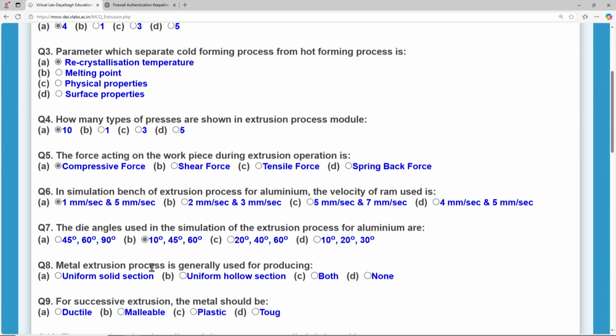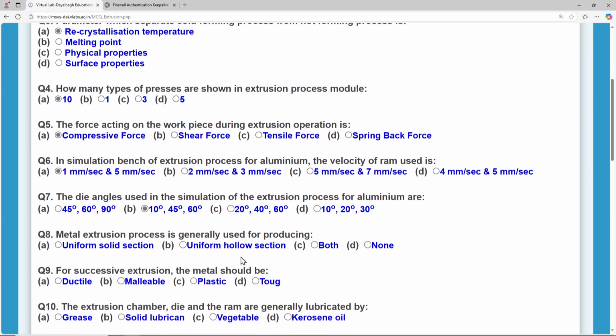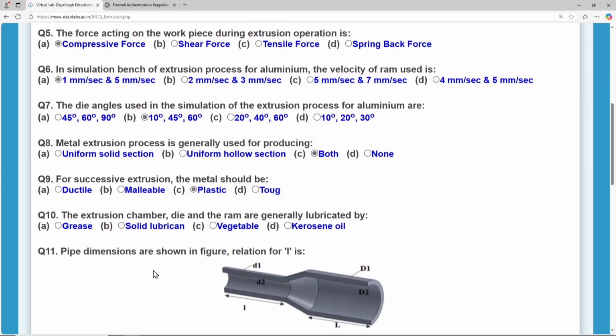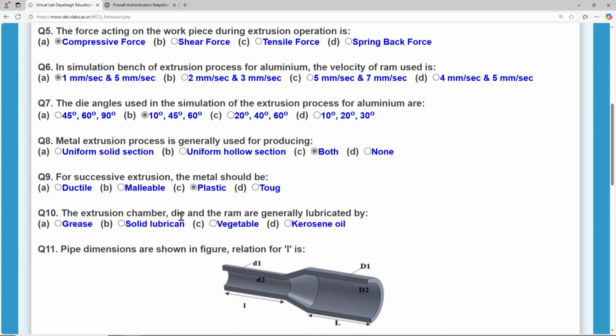Metal extrusion process is generally used for producing uniform solid section, uniform hollow section. It helps to produce both. For successful extrusion, the metal should be ductile, malleable, plastic, tough. It should be plastic. The extrusion chamber, die and ram are generally lubricated by vegetable oil.